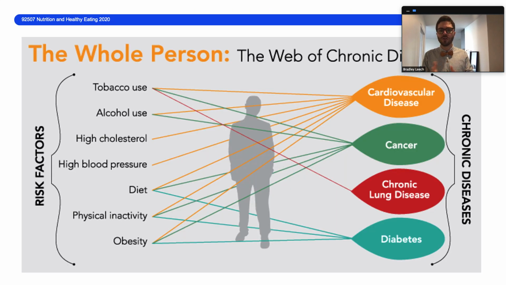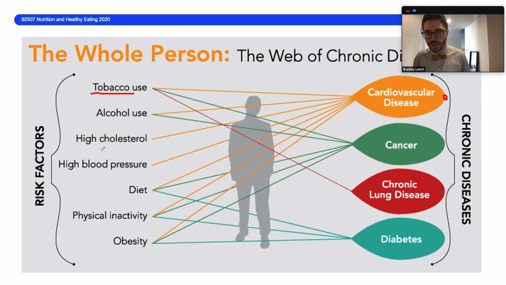Okay, so similar to the previous slide, but a different way of showing this information of how particular risk factors can contribute to chronic diseases. First of all, let's look at cardiovascular disease right here. All of these risk factors, including smoking, might I say, contribute to cardiovascular disease. The main factor that contributes to lung disease is, of course, smoking.